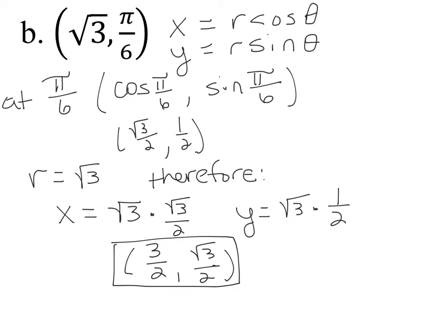Therefore, x equals root 3 times root 3 over 2, and y equals root 3 times 1/2. So my result is that my x value is 3 over 2, because root 3 times root 3 is 3, and y is going to be root 3 over 2. So 3 over 2, root 3 over 2 are my rectangular coordinates.